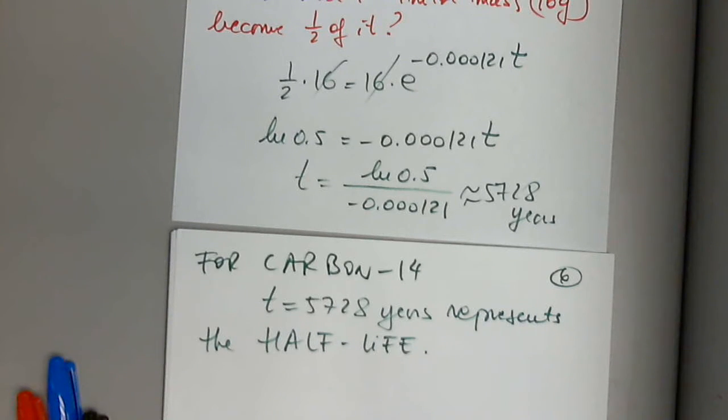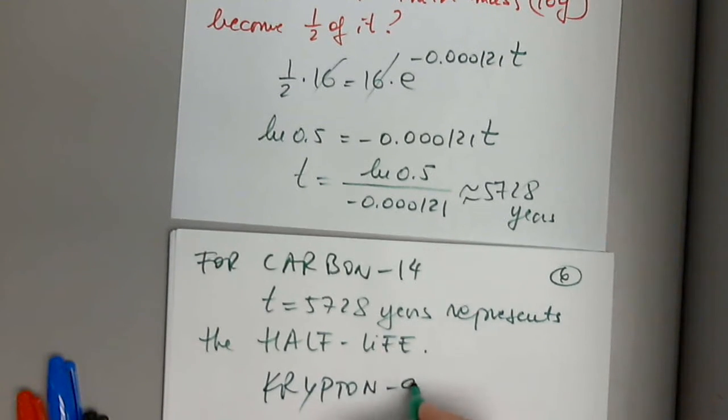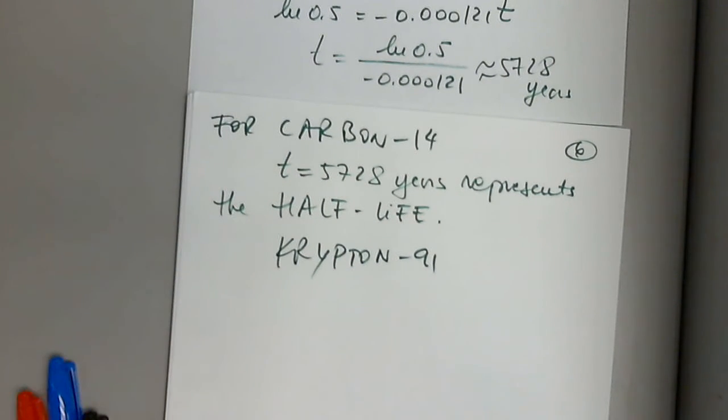Here's an example that I would like to go through with you. Problem 17. The half-life of the radioactive element krypton-91. Again, the name of the radioactive substance is not important. I'm just showing you a different one. The half-life is 10 seconds, normally denoted by h. So for this one, the half-life is 10 seconds.